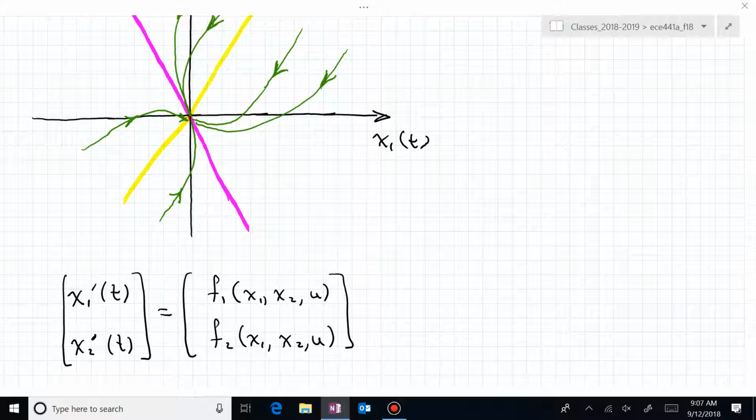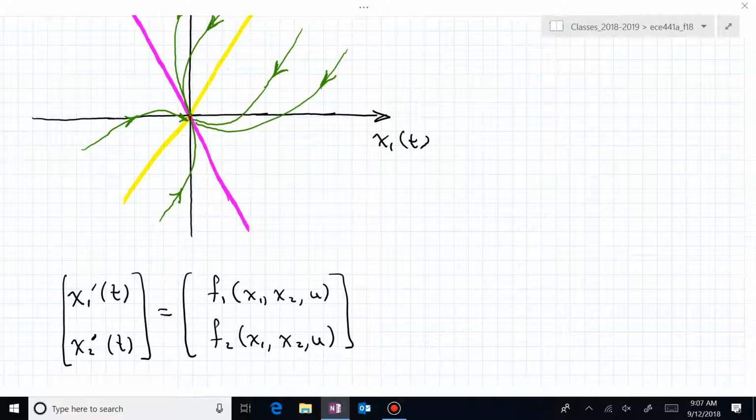We just need to have one nonlinearity somewhere in f1 and f2. f1 might be a linear combination of x1, x2, and u. f2 might be where the nonlinearity sneaks in. But all it takes is one. Just like stability, it only takes one unstable pole to cause the whole system to be unstable.